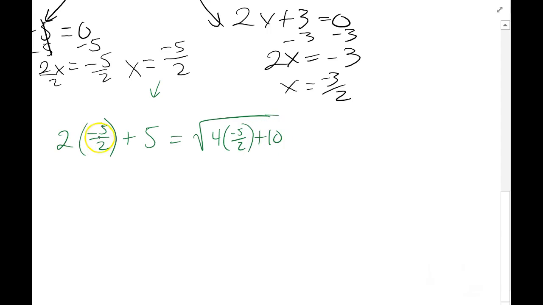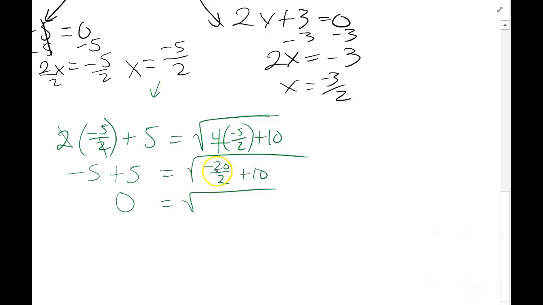Okay, so now over here in this first one, I know these 2's will cancel out, so that'll just be negative 5 plus 5. That's 0. And then over here, I have a 4. I'll put that over 1. If I multiply across here, that will be negative 20, because 4 times negative 5 over 2 plus 10.